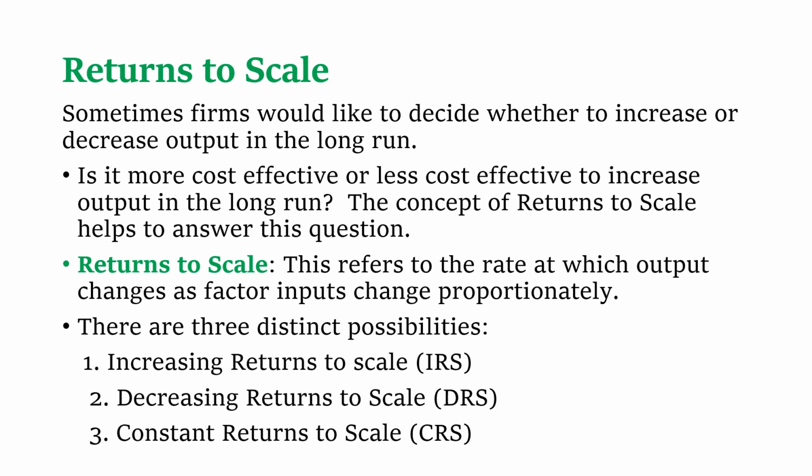Because if the farm decides to expand the business, its average cost will be increasing, and its total cost will be increasing at an increasing rate. Instead of increasing at a decreasing rate, it will be increasing at an increasing rate.